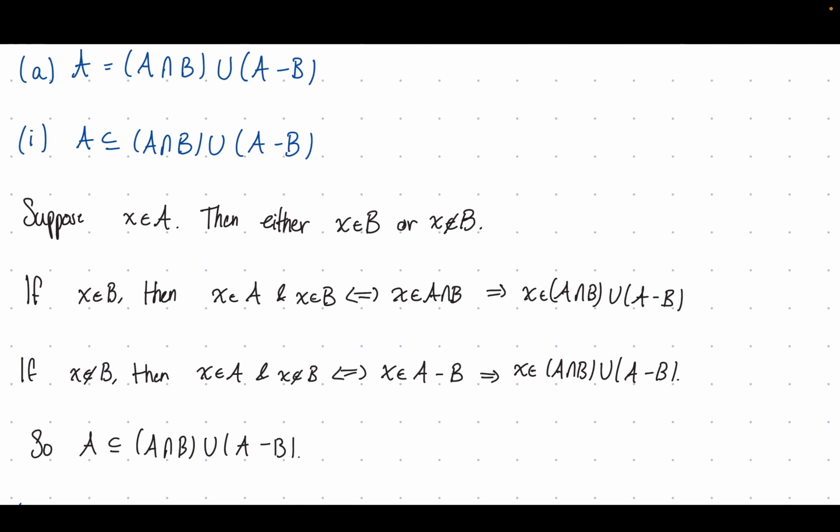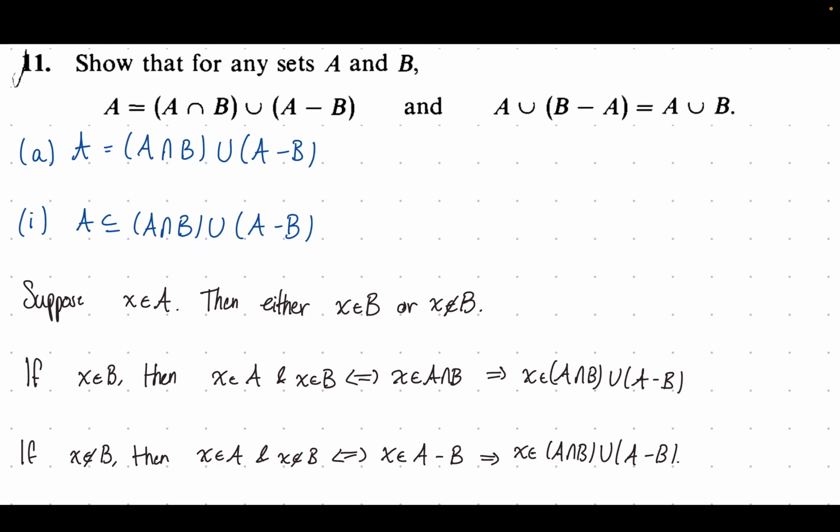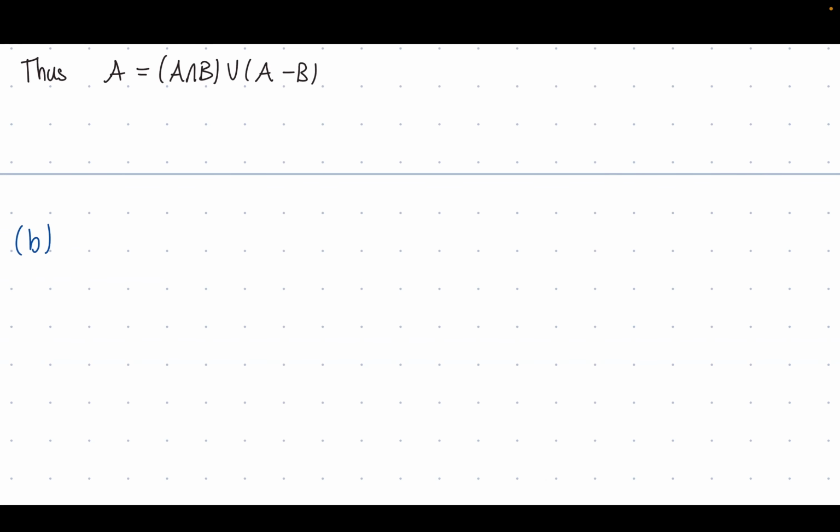All right, and the second problem we're supposed to solve is this one. A union B minus A is equal to A union B. All right, so once again, let's do the first subgoal, and I'm actually going to do them backwards this time.